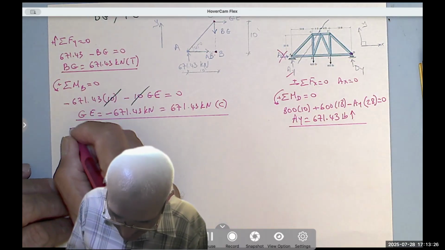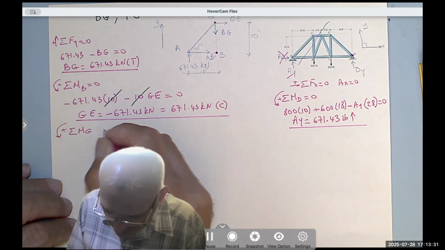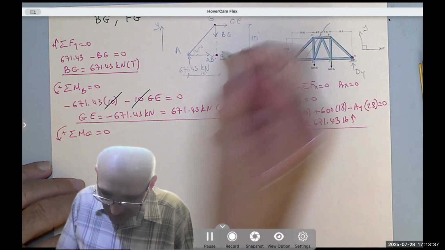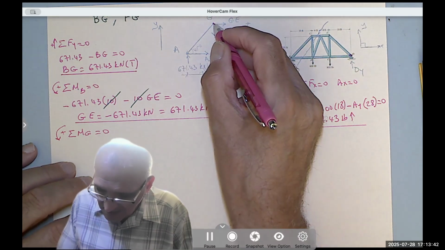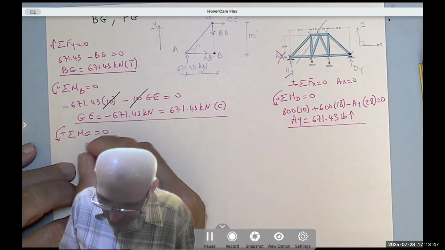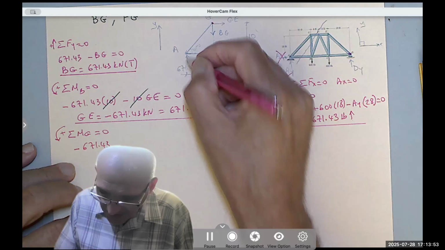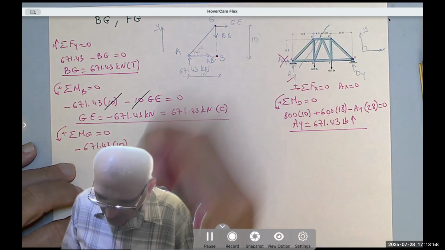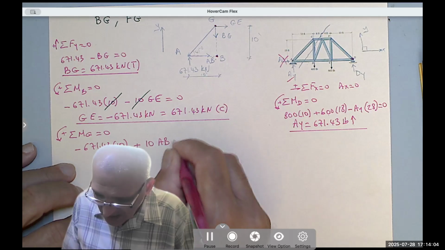Or I can take the moment about G, and you will see it's exactly the same thing because we will be multiplying by tens. If I take the moment about G, you see that these two forces intersect at G. I have 671.43 times 10 is negative, rotating clockwise about G. And the AB is counterclockwise, so plus, and the perpendicular distance is 10 AB equals 0.